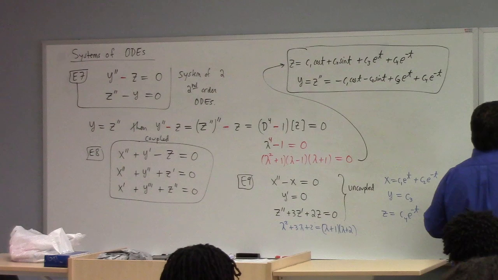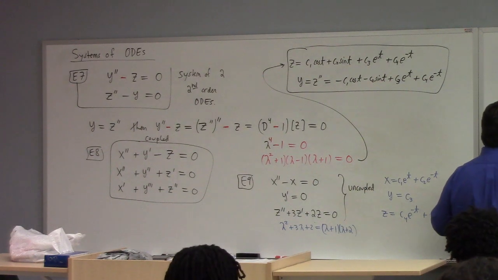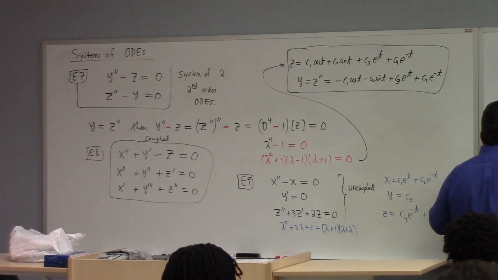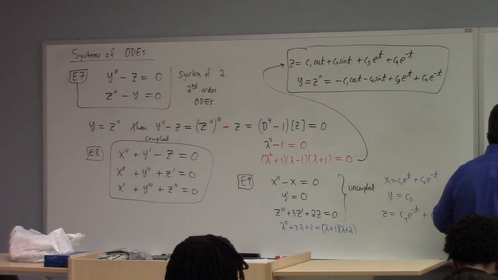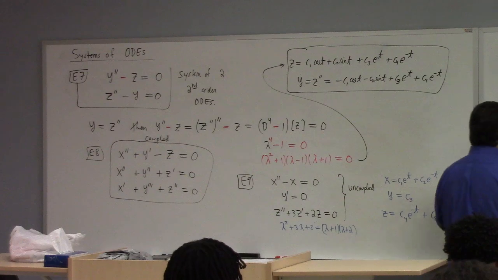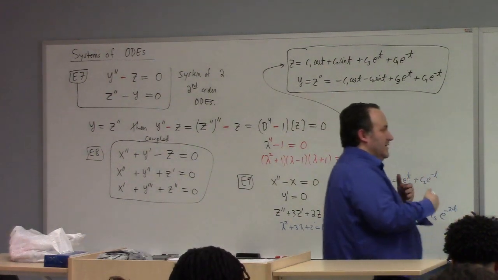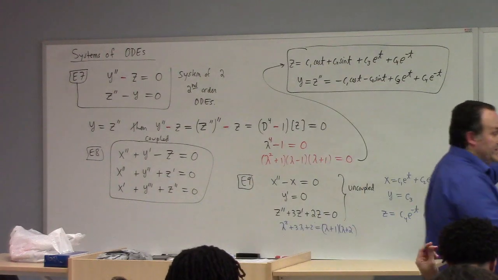We just let x1 be y, x2 be y prime, x3 we can let be z, and x4 will be z prime. That is going to allow me to rewrite that given system just using those variables and first derivatives.